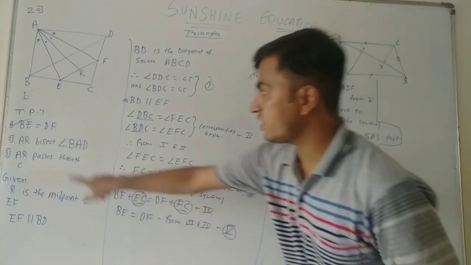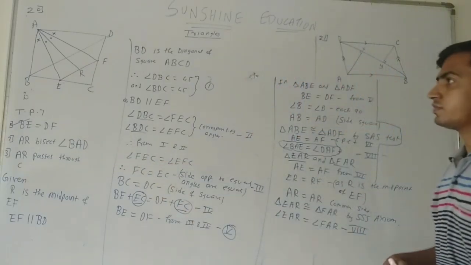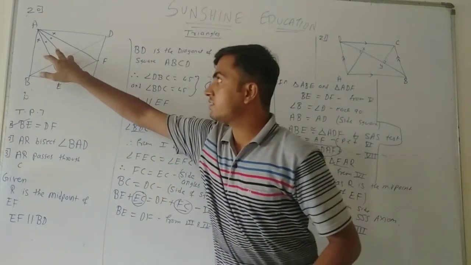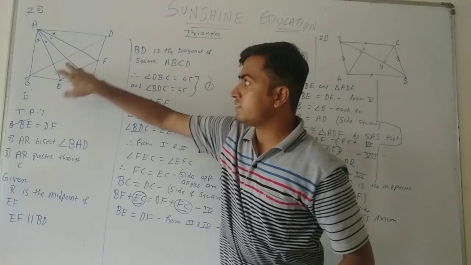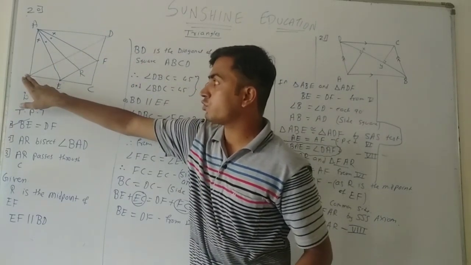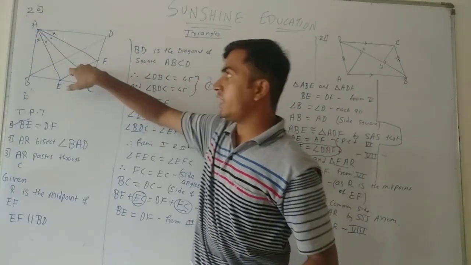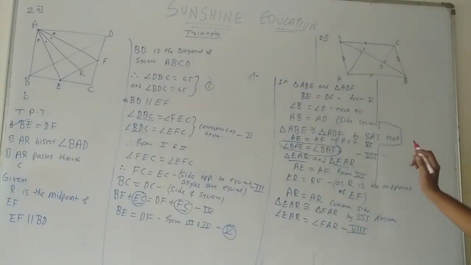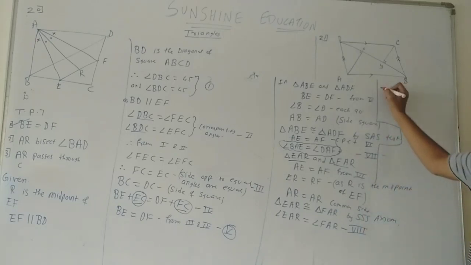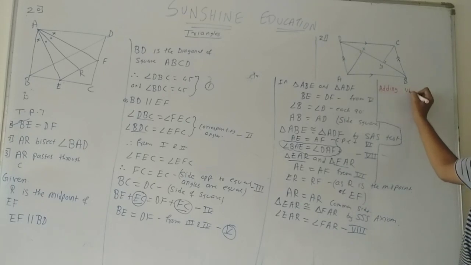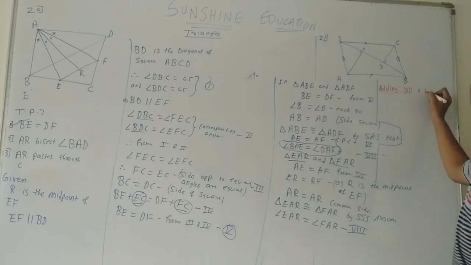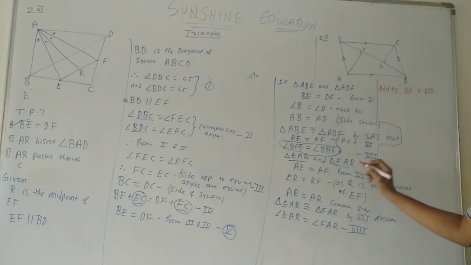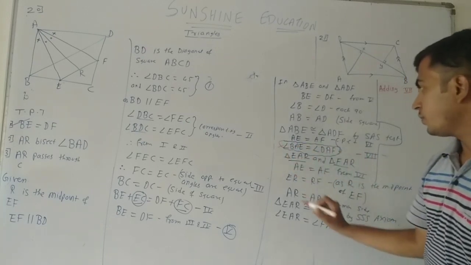Now, pay attention. What I need to prove is AR bisects BAD. If AR is bisecting BAD, which two angles should be equal? BAR should be equal to RAD. So I will just do one thing. I will add 7 and 8. So adding 7 and 8, what is there in the LHS of 7?